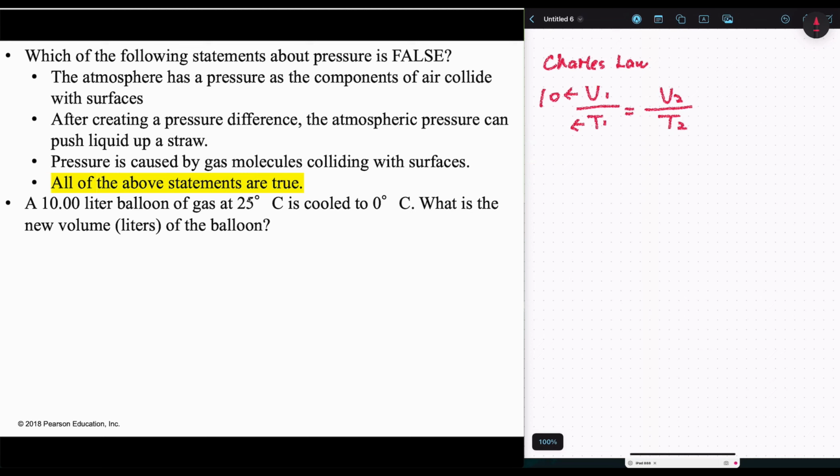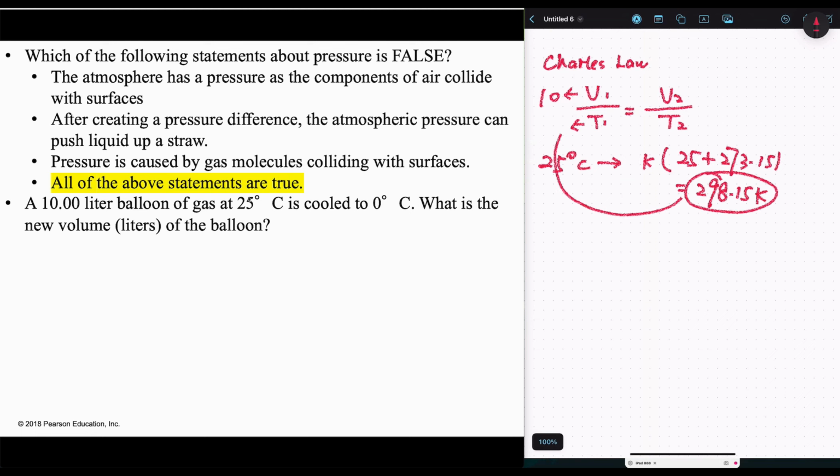But remember, in Charles's law, we definitely need to convert Celsius into Kelvin. So we first need to convert 25 degrees into Kelvin, which is 25 plus 273.15. You got 298.15 Kelvin. So this goes as T1.